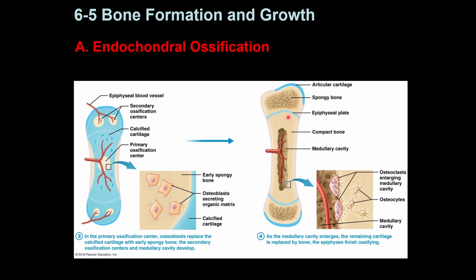And also in this area, it's called the epiphyseal plate or epiphyseal growth plate. This is where new bones are formed, and the bones are elongated, becoming longer in these two areas. When you're young, this area is open, and later on this area fuses and calcifies.